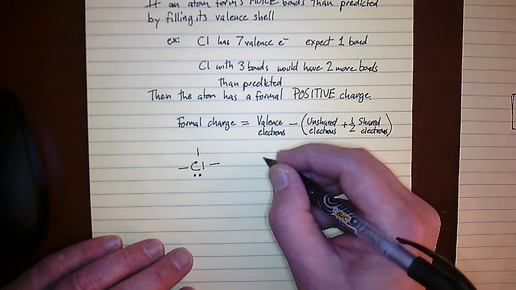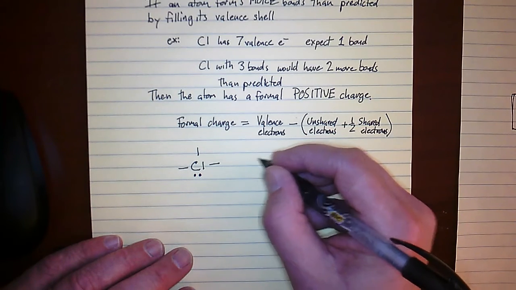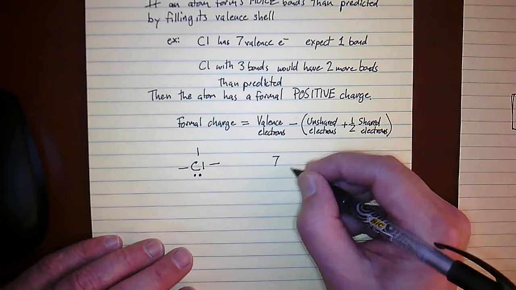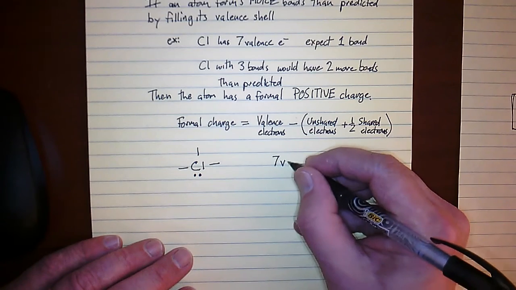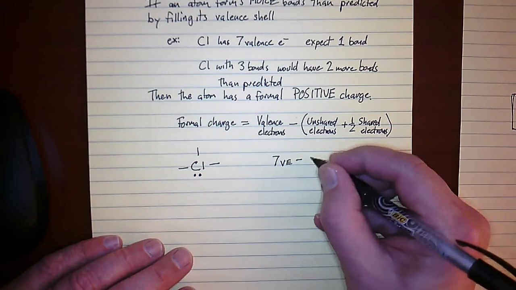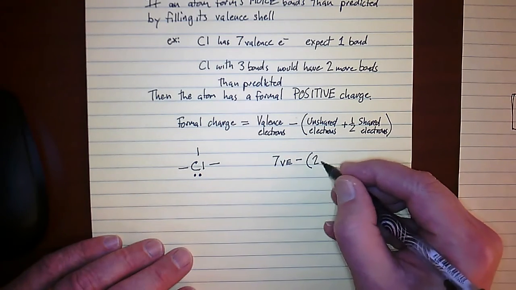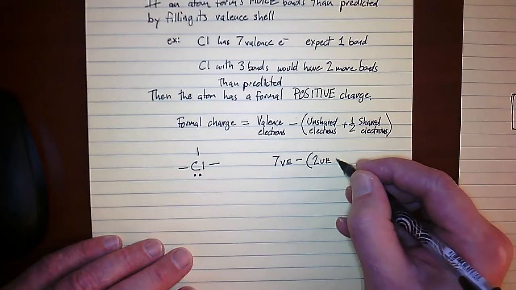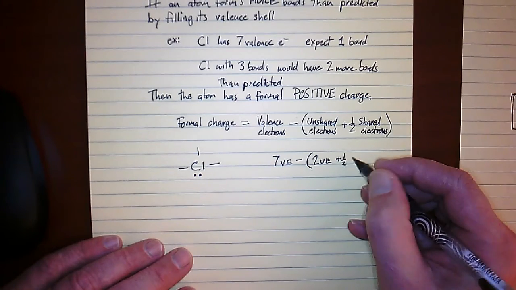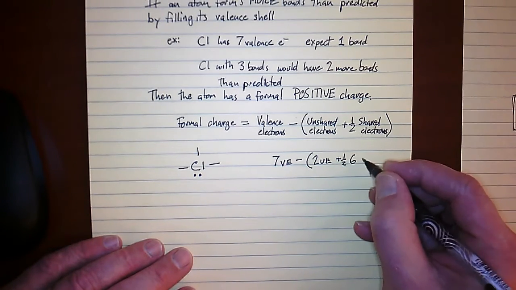So we would calculate its formal charge as being 7 valence electrons, minus 2 unshared electrons, plus 1/2 of 6 shared electrons.